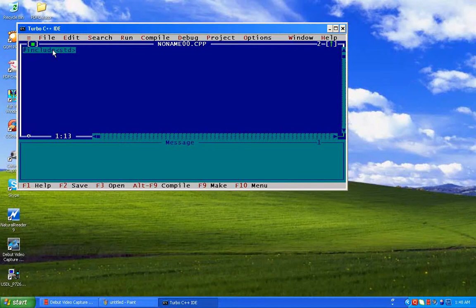This is the standard input output header file which we are including in a program. In this all the functions are written which are to be used. Then we write a main function.